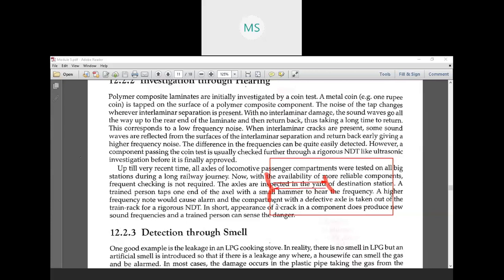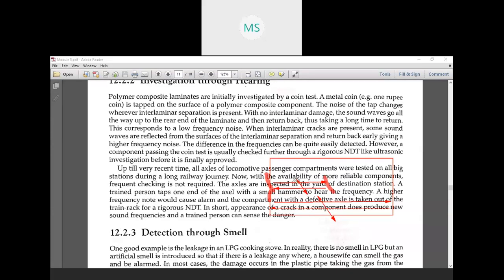So now you can see there are two different cases. Earlier it traveled till the rear end and came back. In this case, the time taken will be much less than in the first one.